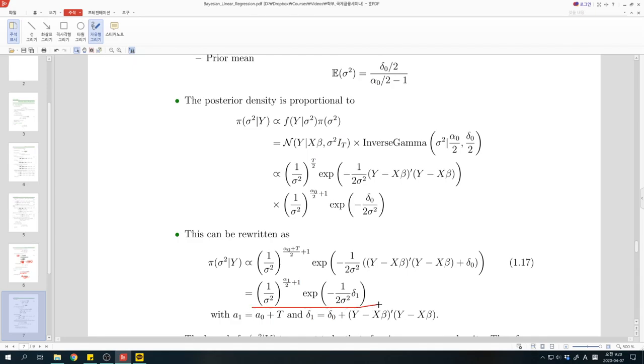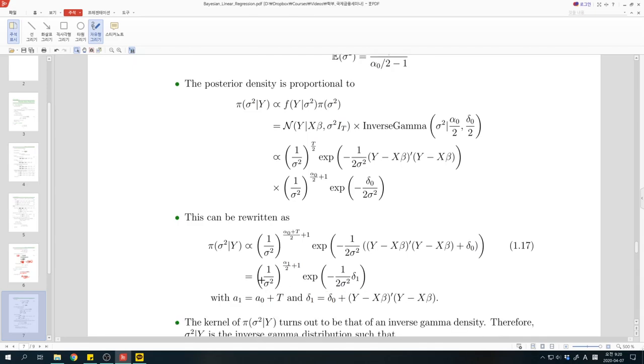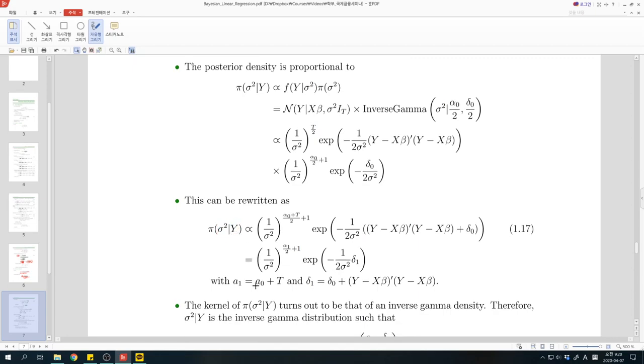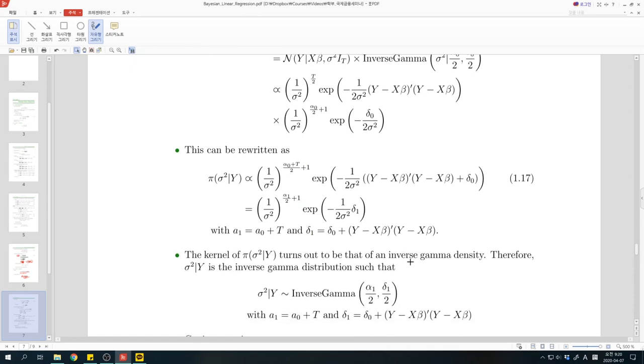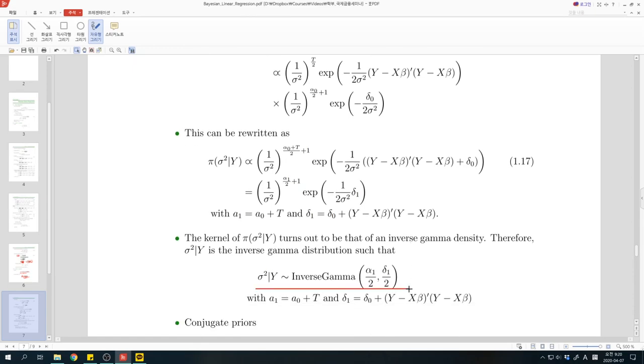Inverse gamma density. So that's why the posterior distribution of sigma square is an inverse gamma distribution. And then the distribution parameters are what? Alpha 1 and delta 1. Then we are done. This is how we estimate sigma square when beta is known.